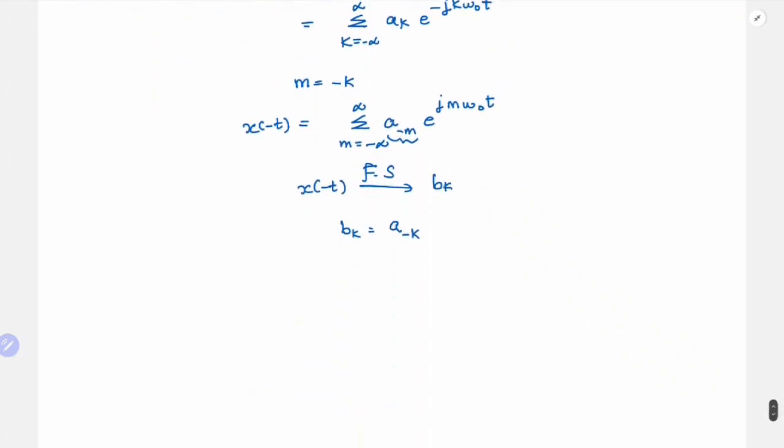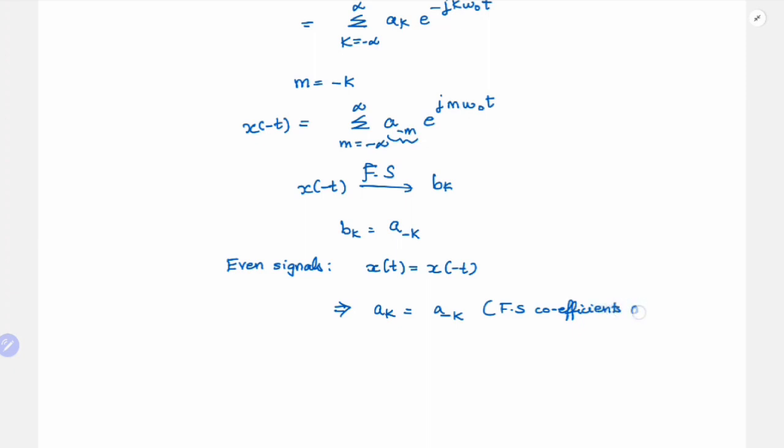You can note one small thing here. Consider even signals. We have x of t equal to x of minus t. So for these signals, ak is equal to a minus k, right? So the Fourier series coefficients are also even for even signals. What about odd signals?